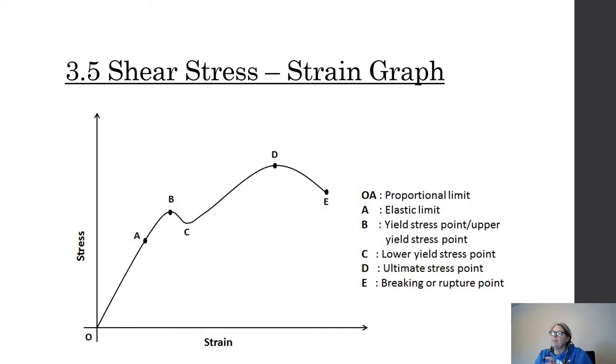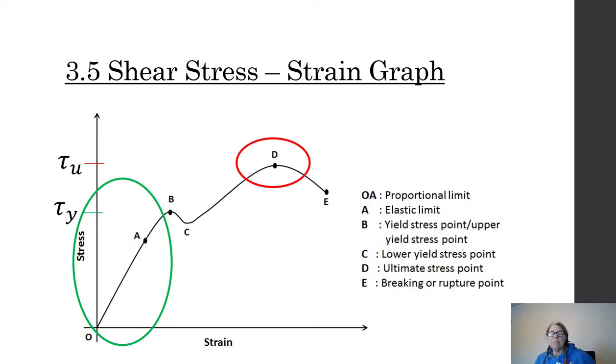And then we get up to the yield stress, and we get up to ultimate stress, and then we have the breaking or rupture. It looks very, very similar. Okay, we have that yield stress. That's going to be an important value, just like it was when we were looking at normal yield. We have the ultimate, that top peak, and then we're going to have fracture.